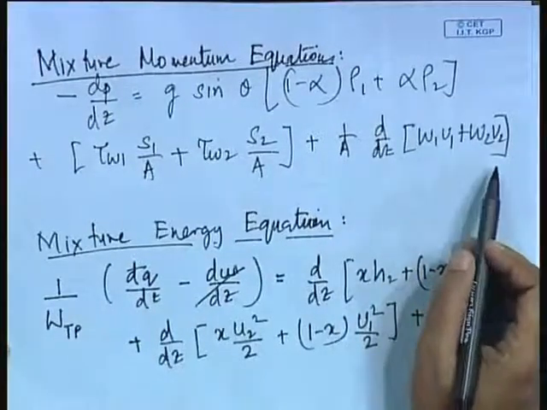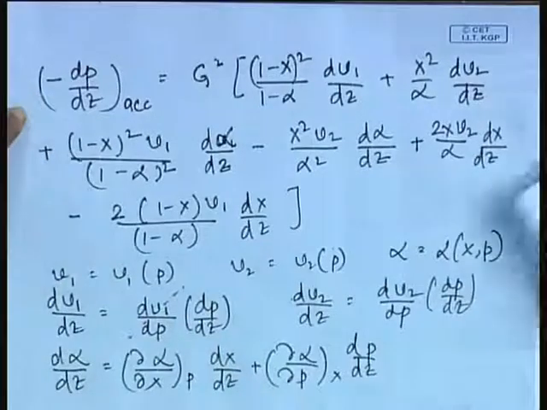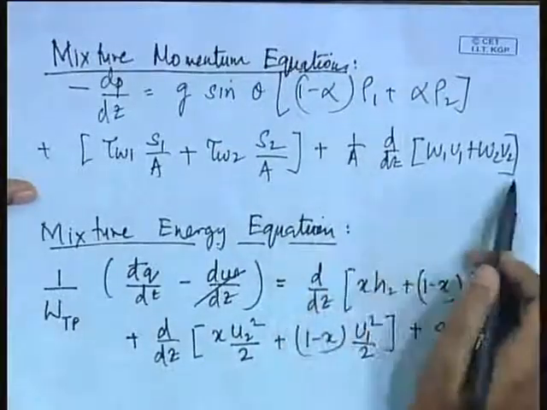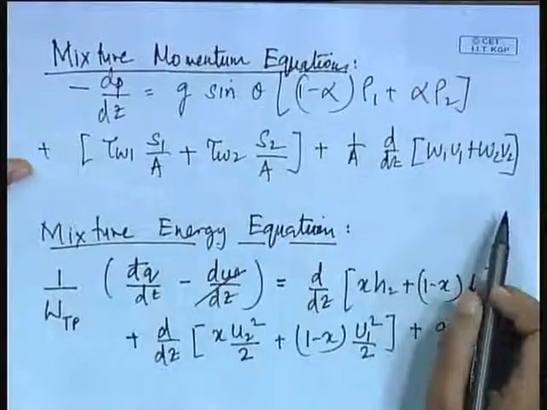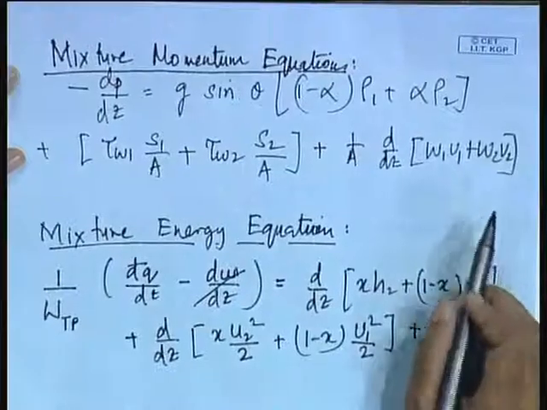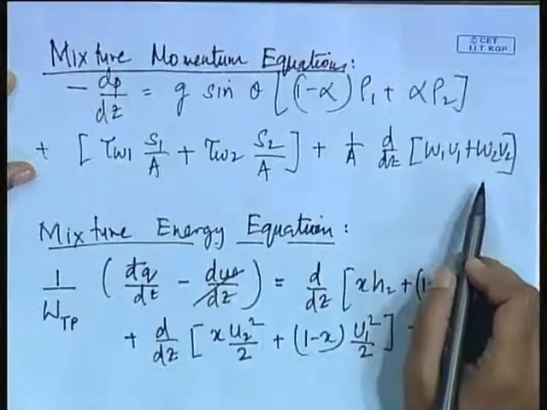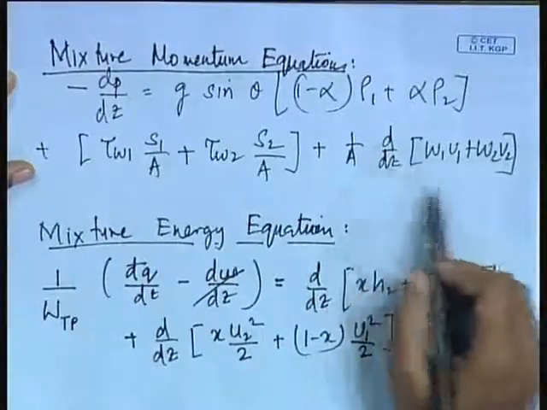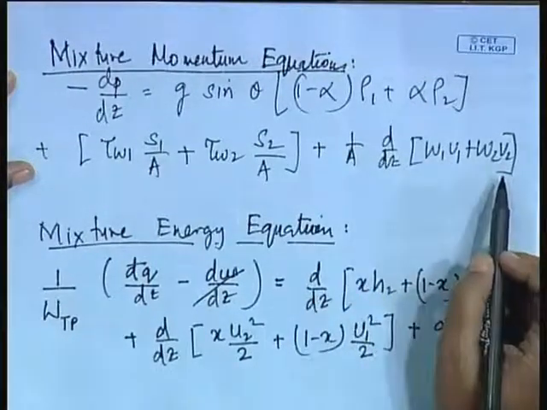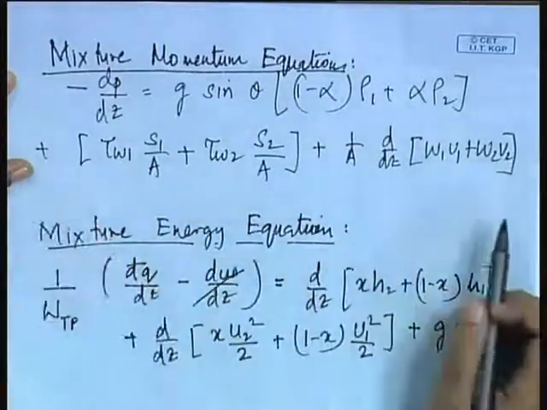Once you substitute these terms in the acceleration pressure gradient, we can substitute this acceleration pressure gradient in the total pressure gradient expression. When we do that, we find that even on the right hand side we have some dp dz terms, which again we have to take to the left hand side.